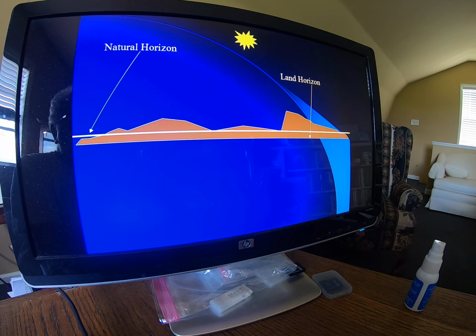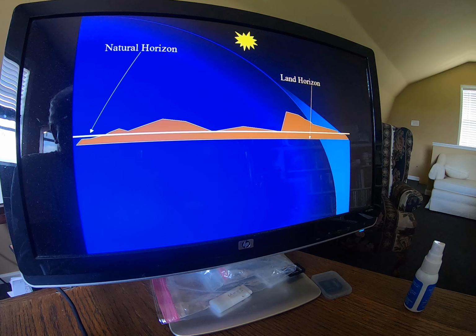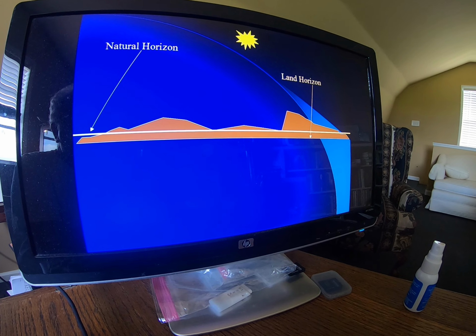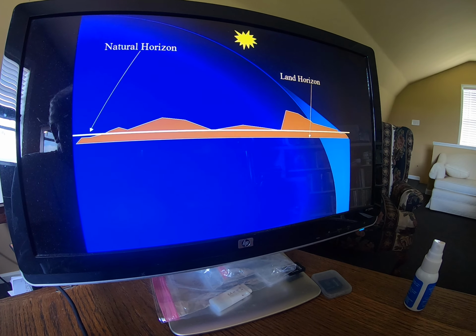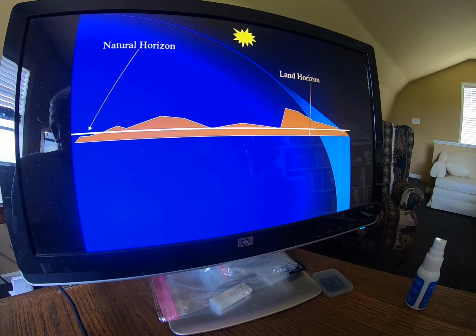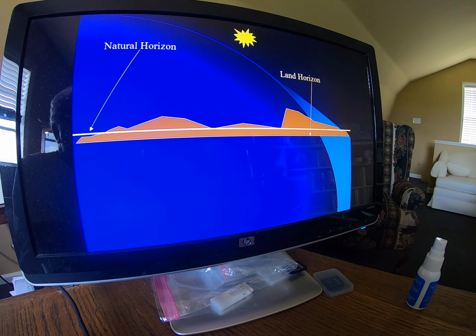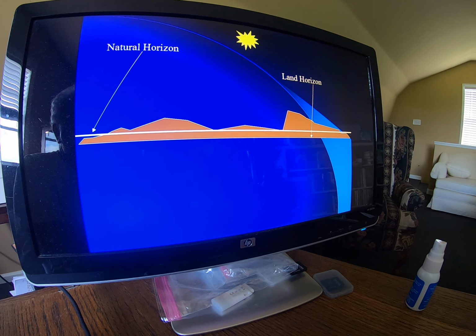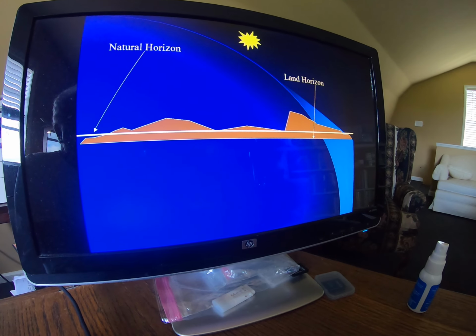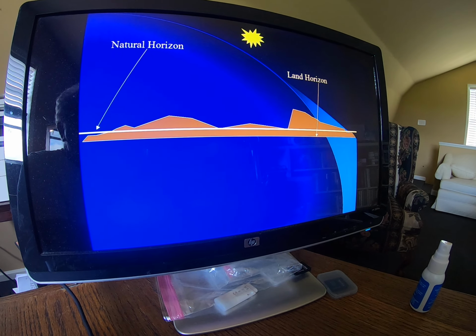The natural horizon lies on the other side of the land. We can't see it. And the land horizon, because of the physics involved, is going to be lower than the natural horizon. As you get closer and closer to it, it's going to go down, down, down until, hey, it's under the keel of your boat and you're aground.